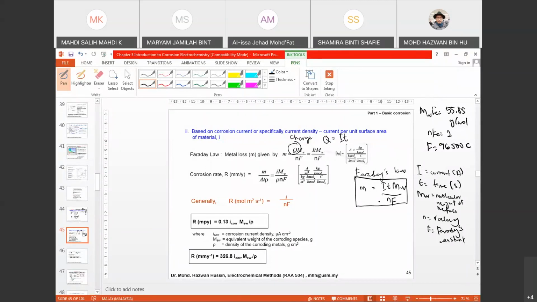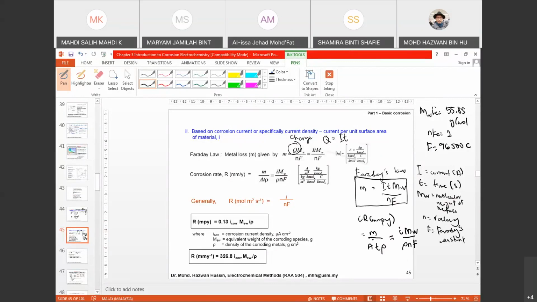So this is how you relate mass loss with current, but how can you calculate corrosion rate? The corrosion rate, in mmPy, can be calculated as M over area times time times rho, or equals i, small i, MW over rho nF.